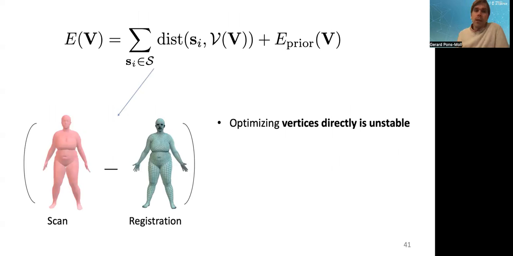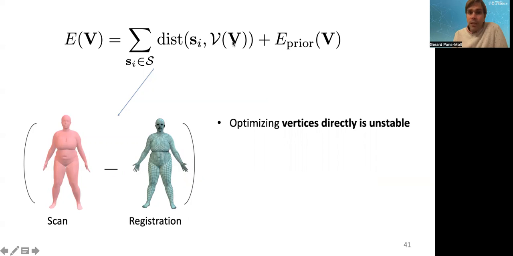So if we optimize the vertices directly, we would have an objective function of this form, a minimization, and here we're summing over scan points, and we are minimizing the distance between the scan points and the mesh of the registration. In this case, the registration is this green surface, and the scan is the pink surface. Optimizing the vertices directly, just think for a second what would happen.